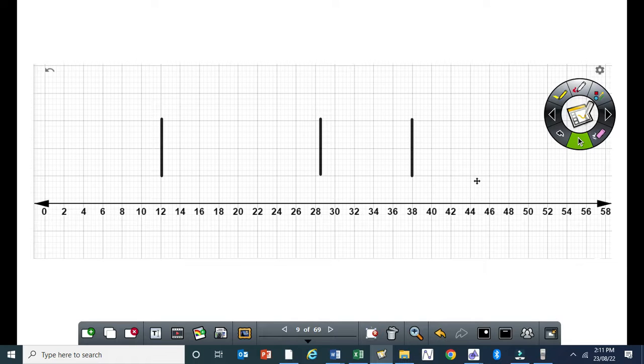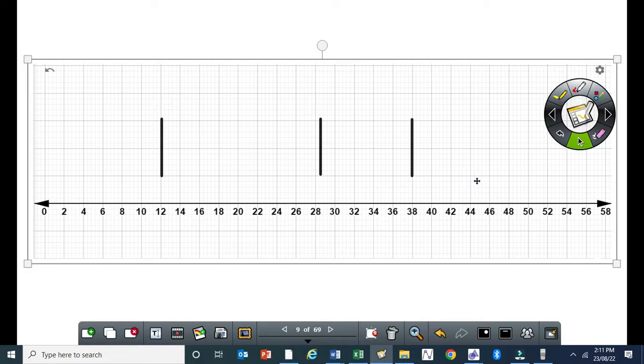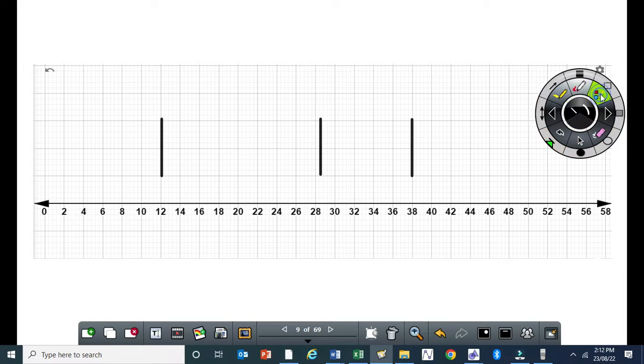Okay, it's better there. Right, that's almost where 28,5 is. Then I'll join.